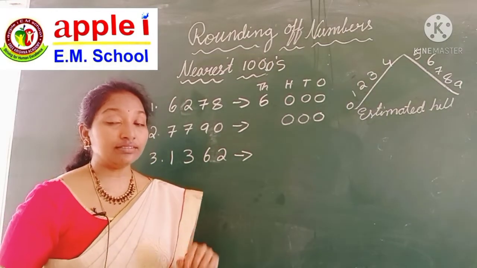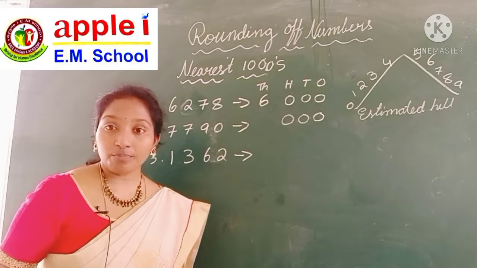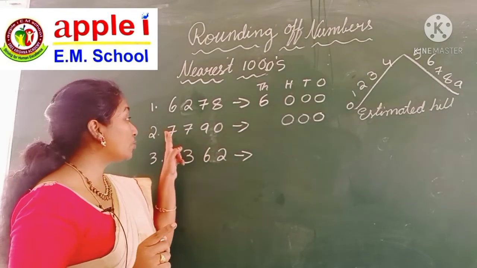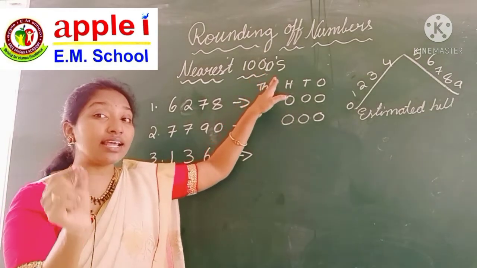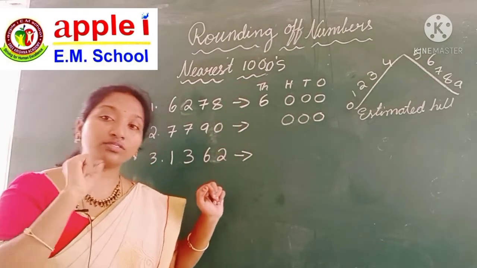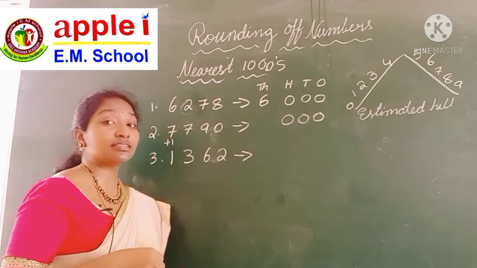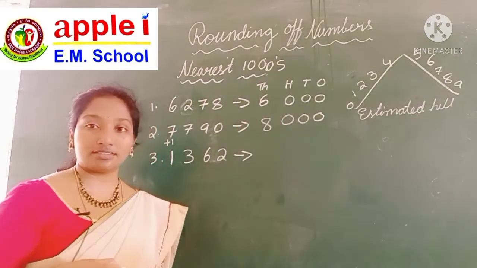That means we will get 1 point. That 1 point we have to add in thousands place. Why? Here we are doing nearest thousands. So add 1 to thousands place. So 7 plus 1 is 8. So write 8 in thousands place.